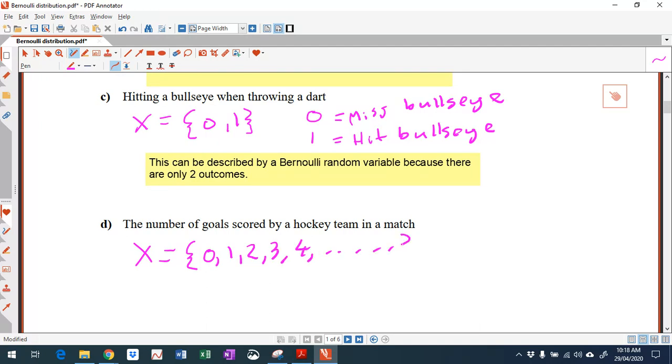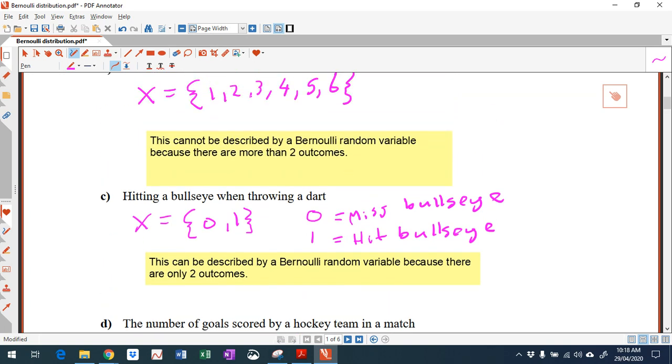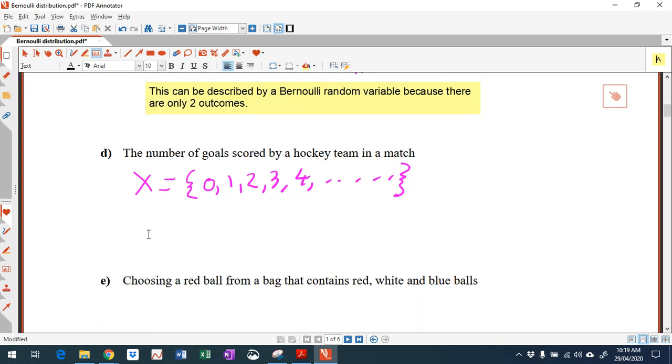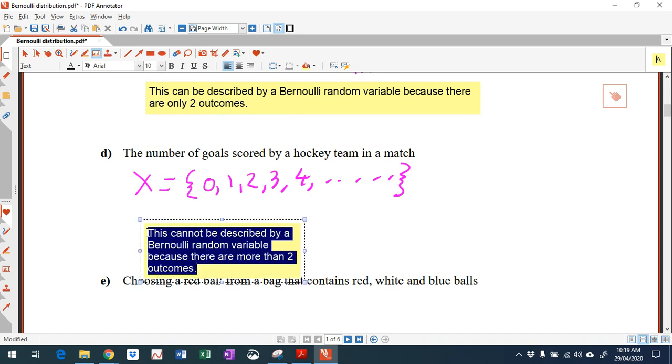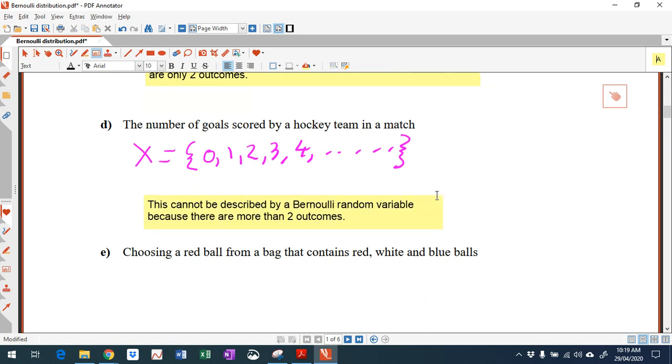Who knows how many goals? Okay. So, in terms of our answer, this cannot be described by a Bernoulli random variable.